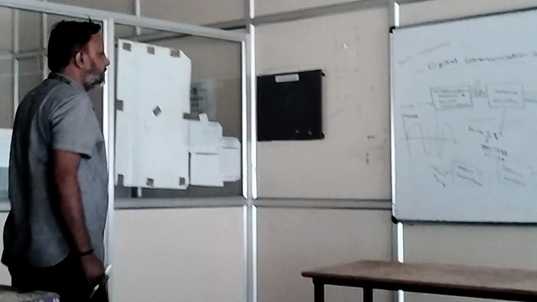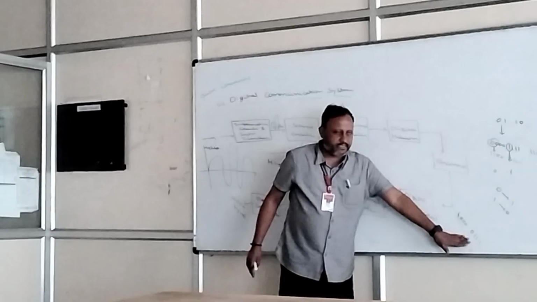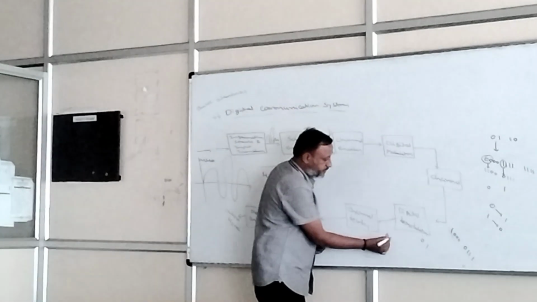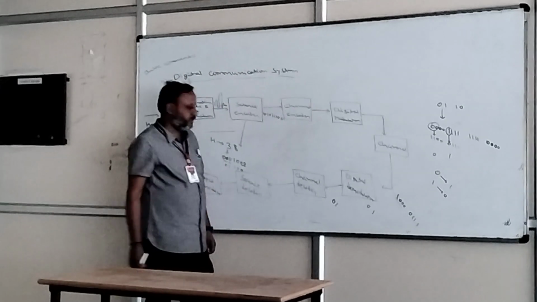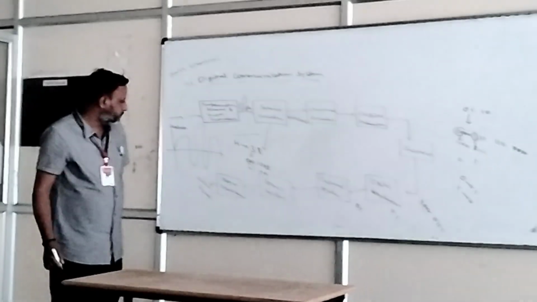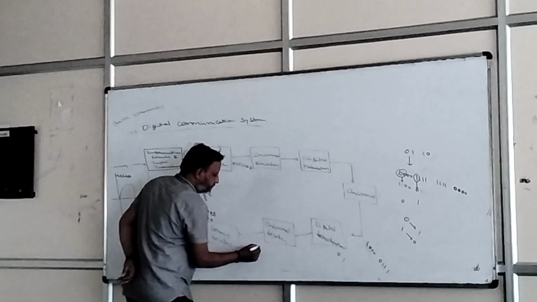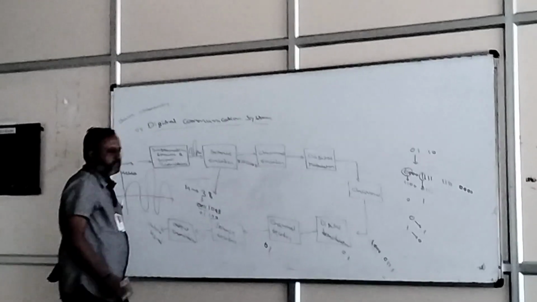Next, here is the reverse process. You take these values and convert them into 0 and 1. Now it will get into the channel decoder. Output of the channel decoder is 0 1.